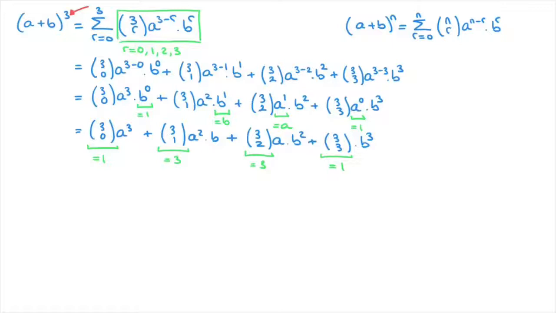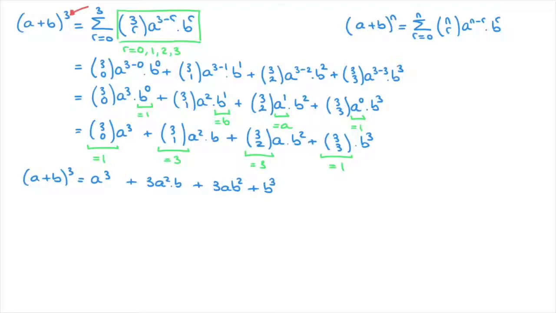And so finally, we can write all the terms of this expansion and state that a plus b raised to the power of 3 equals a cubed plus 3a squared times b plus 3a times b squared plus b cubed. And we're done. We've just written all the terms.